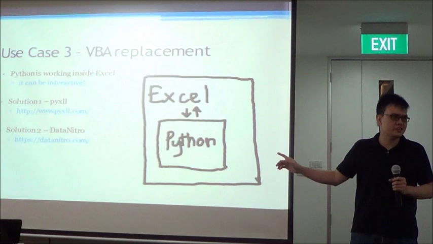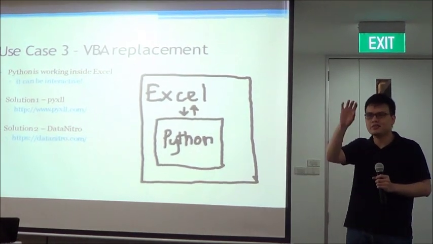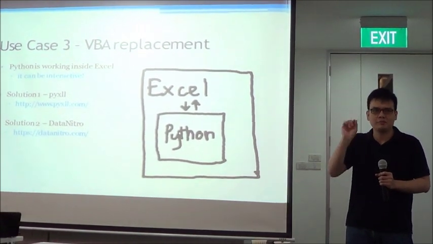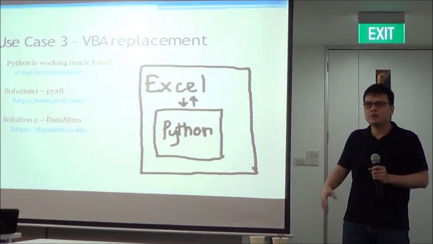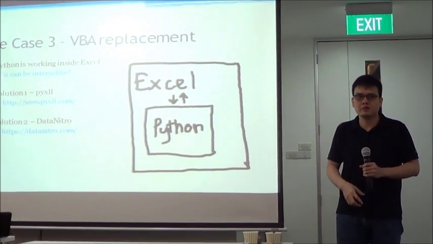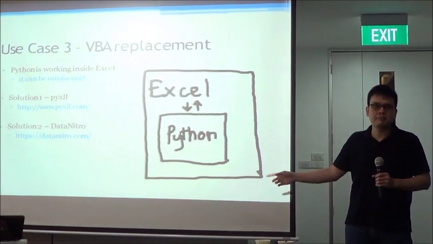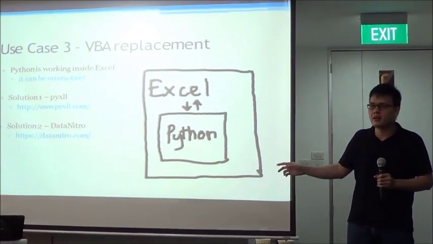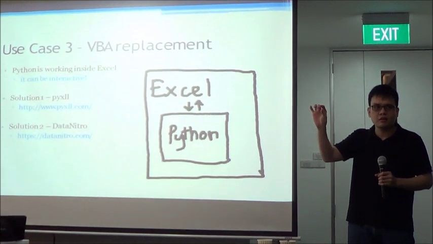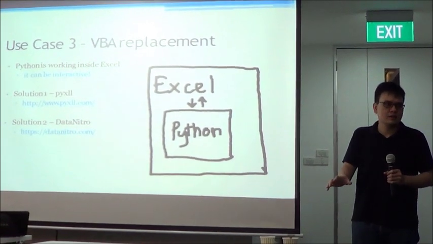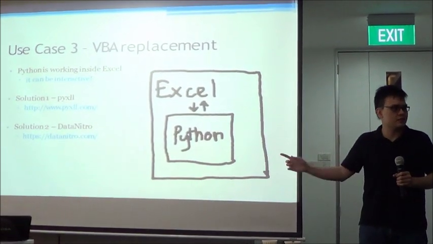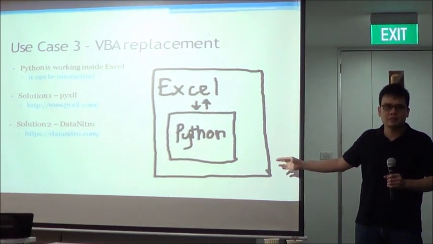There's one solution that's interactive. What I mean is you get the Python prompt, you can play around inside. Or do it the old-fashioned way as if it's a library, wherein functions you write in Python can be accessed directly through Excel, through the formula bar, or through Visual Basic. So even in Visual Basic, you can access your Python functions.